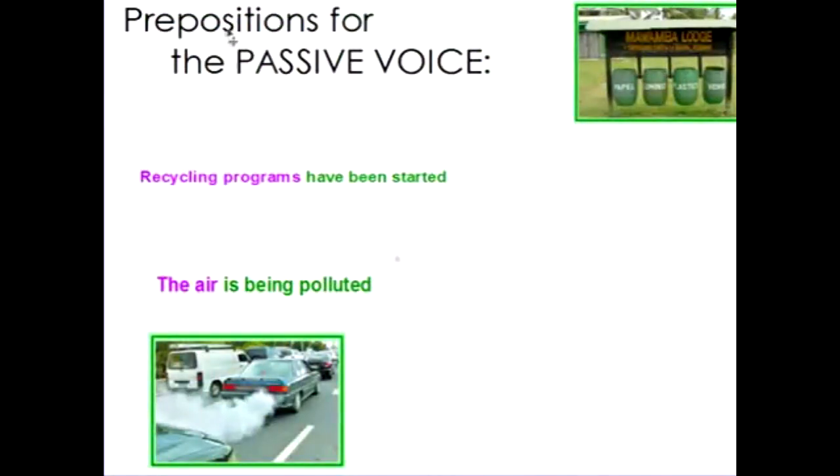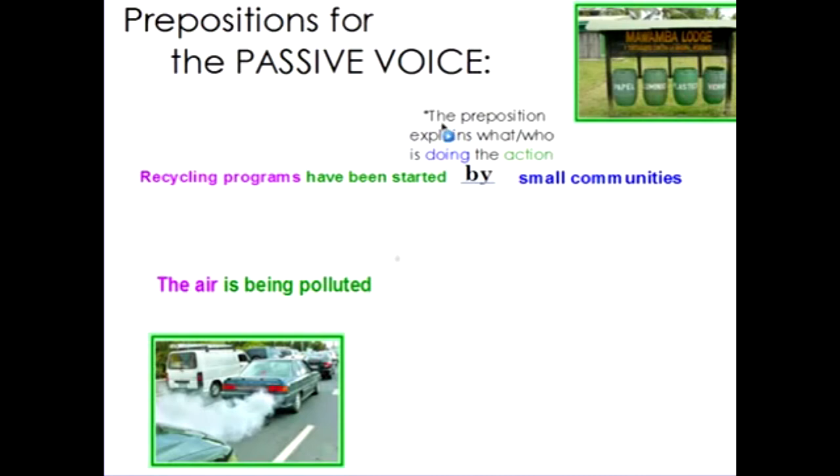Okay, so last we need to look at are the prepositions for the passive voice. Right. So if we remember this example, it said that recycling programs have been started by small communities, right? So by is the preposition, and the preposition explains what or who is doing the action.